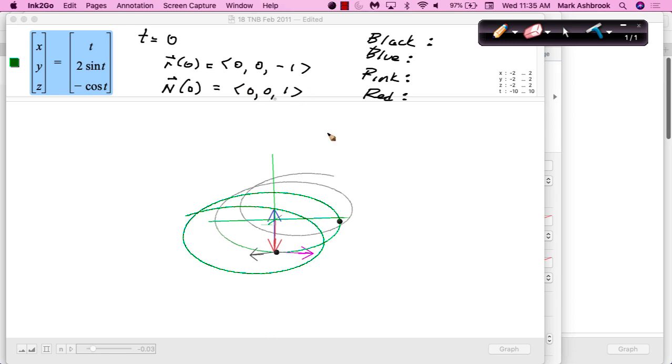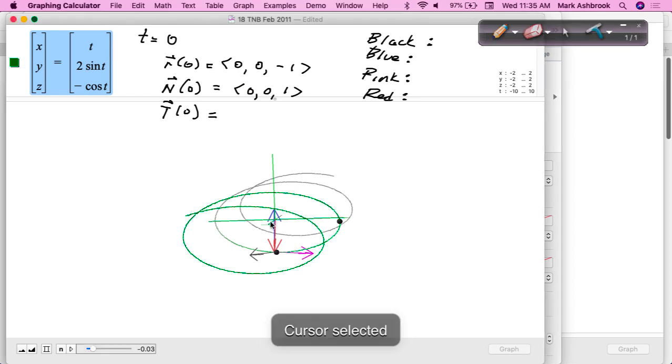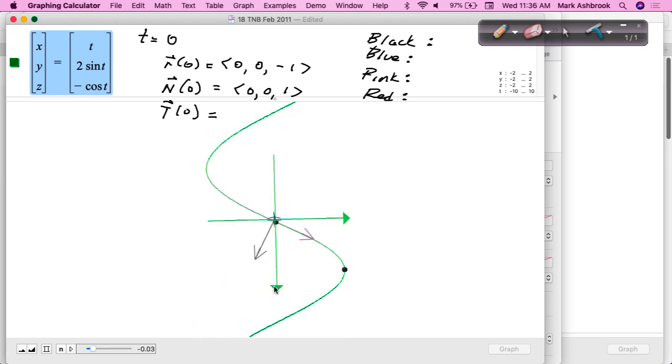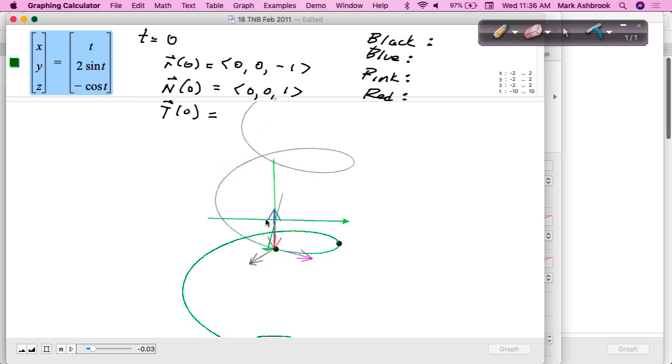Okay, how about the unit tangent? Which one was that, pink or black? Pink. Notice that it's not at a 45-degree angle, so we're going to have to do the math here. How would we find the unit tangent? We take the derivative.